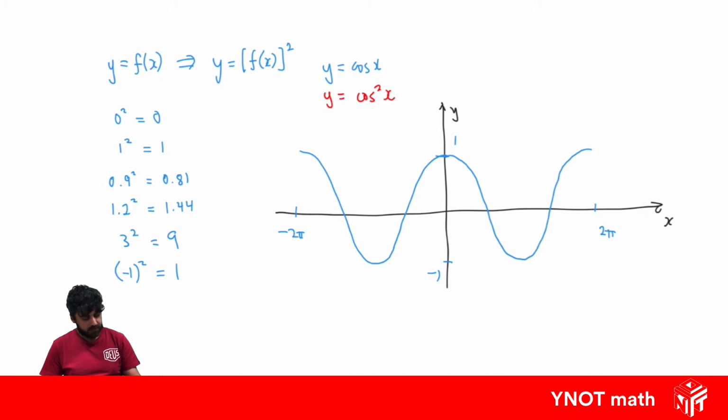Okay, some important things to note is that when cos x equals 0, so wherever it's on the x-axis, they're all the y values where y is equal to 0. We know our graph is also going through there because 0 squared is also 0.